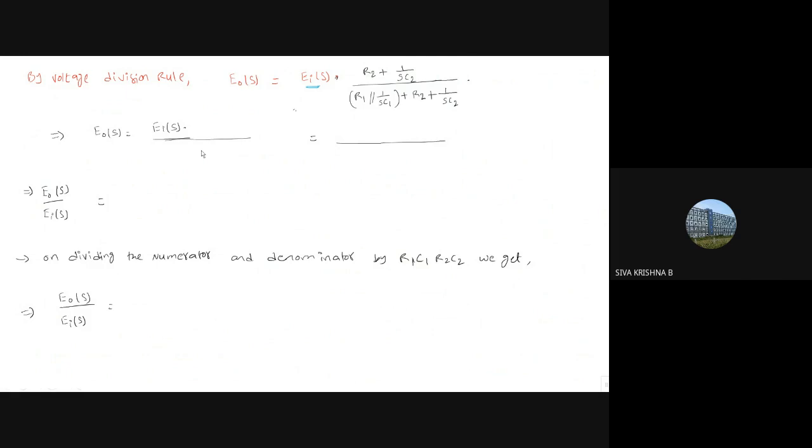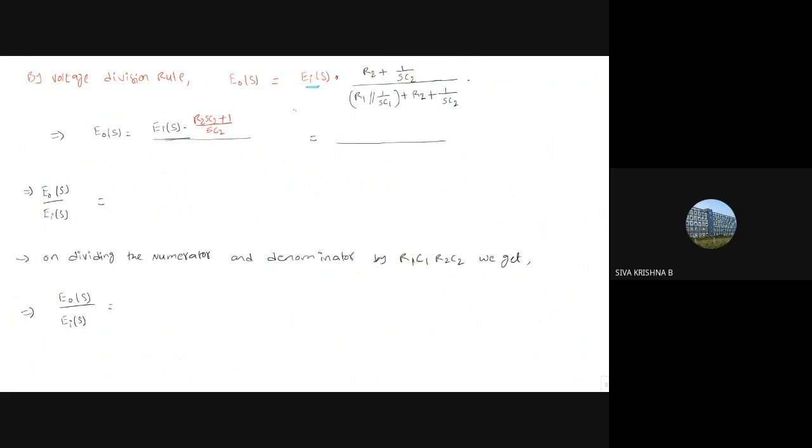If you take LCMs in the numerator and denominator, then it will be like A of S into R2 SC2 plus 1 divided by SC2. Right?